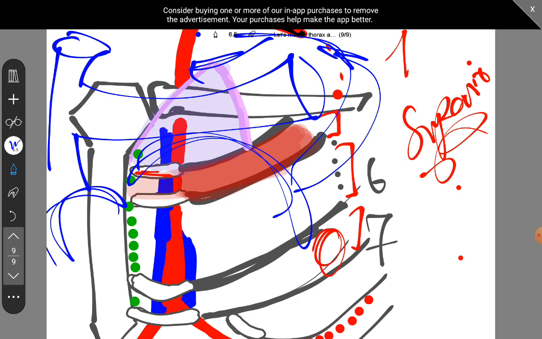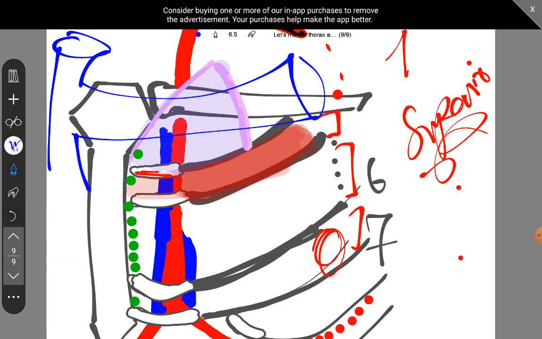So the first thing is the brachiocephalic veins for the right and left sides, and the phrenic nerve. The phrenic nerve begins from C3, 4, and 5, and it passes here. I'm going to leave that, not a big deal.